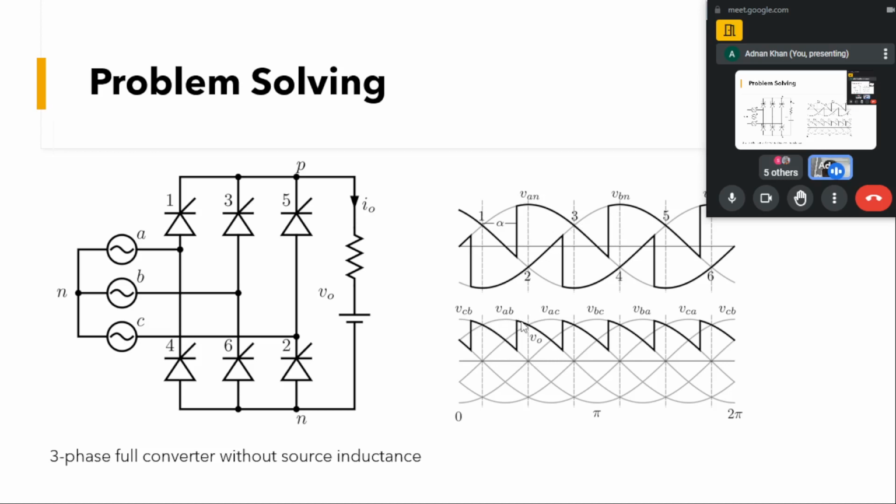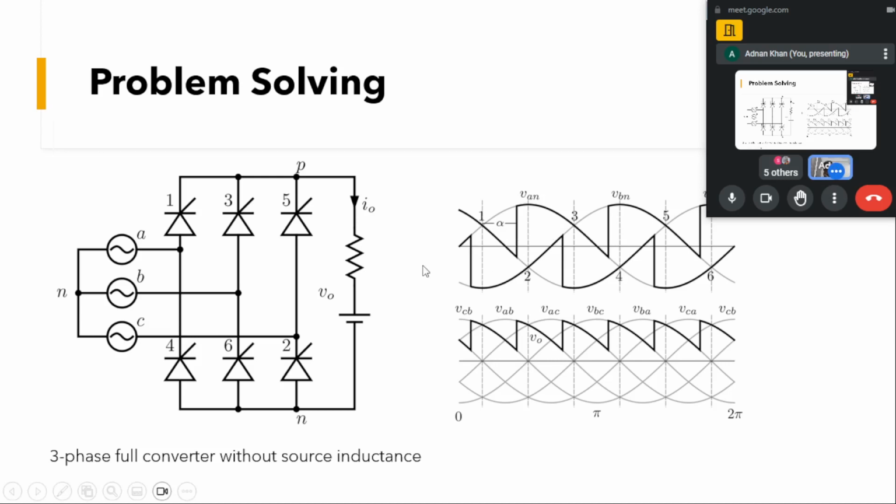This is the output voltage waveform of this converter, and as we change alpha, its shape will change. If alpha is 60 degrees, it will start from here and go here. If alpha is greater than 60, we can have the output voltage positive as well as negative by changing the alpha position.